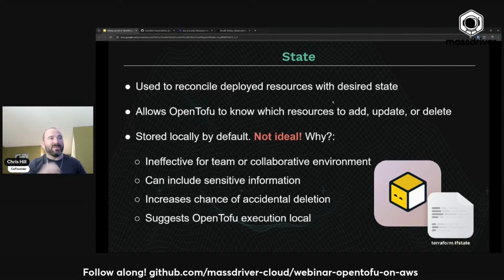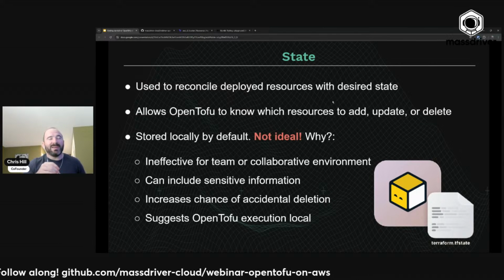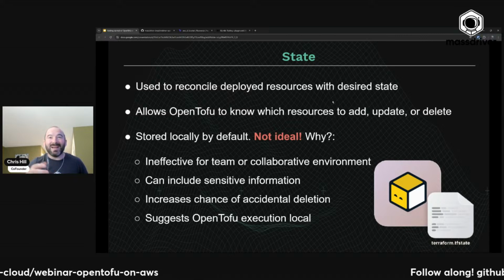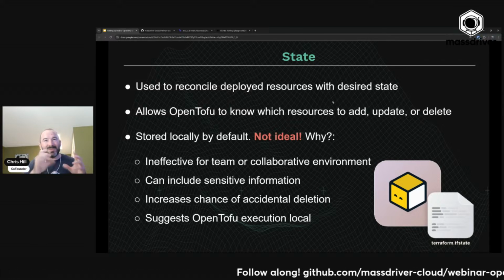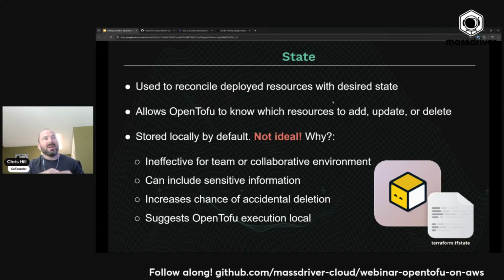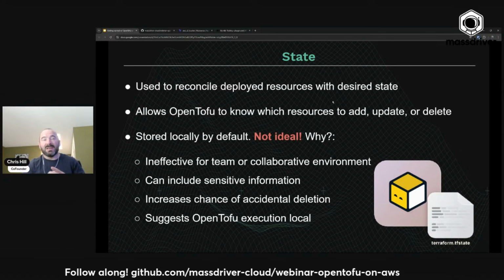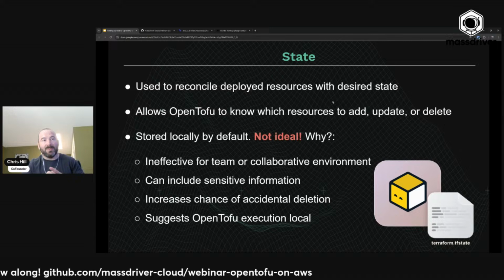Number two, if it's local like this, you have the risk of potentially deleting it, modifying it, corrupting it, something like that. The more people have direct access to the state file, the more likely it is that something accidental will happen to that file, like deletion or modification.